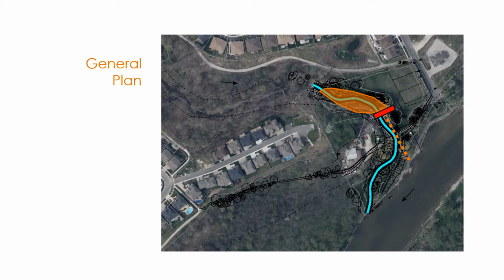So in general, using our various approaches, you can see that we have the red line representing the former dam location, our orange shape representing the former head pond, and our dashed orange gabion outlet.